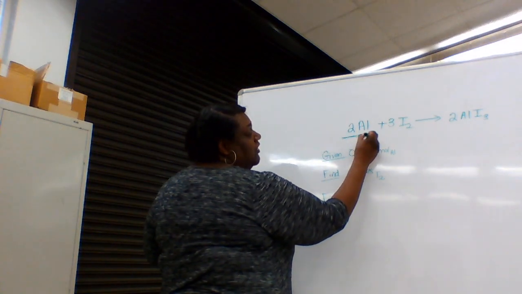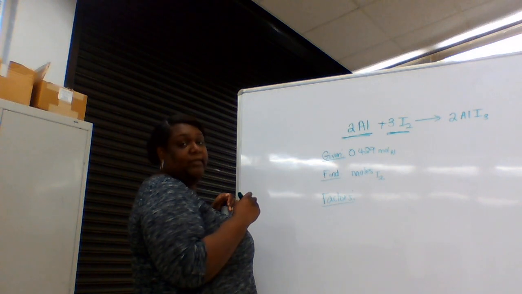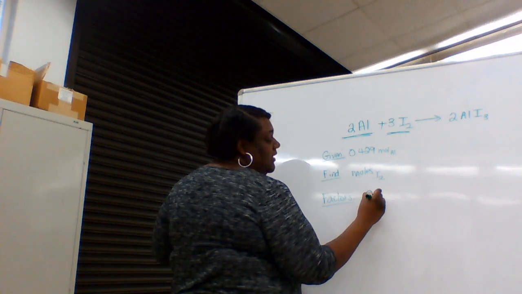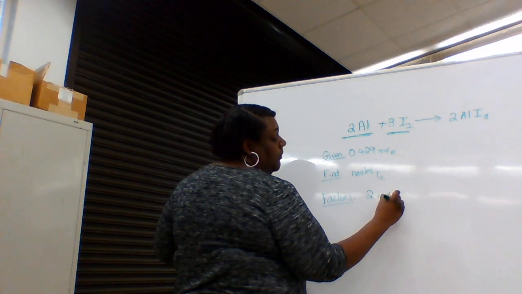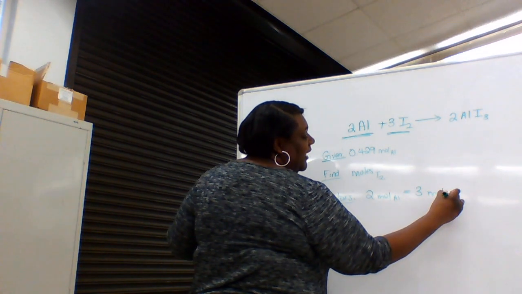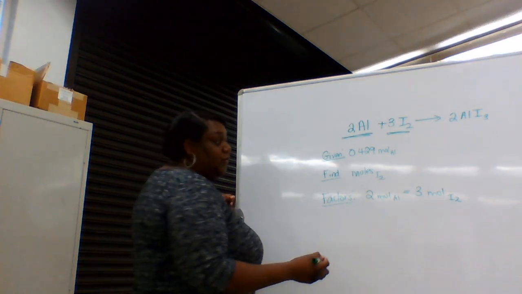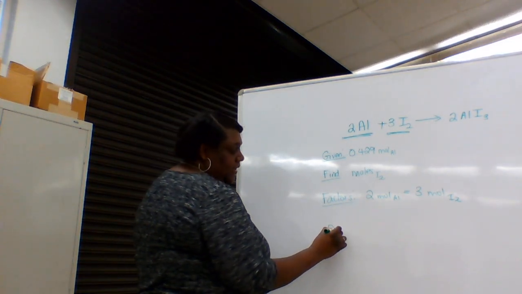So, the two species that we need to look at are aluminum and the I2. From that, I see that 2 moles of aluminum produces 3 moles of I2. So using those numbers, I just set up my dimensional analysis problem starting with my given.